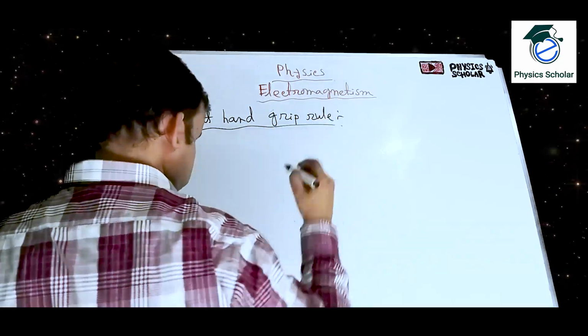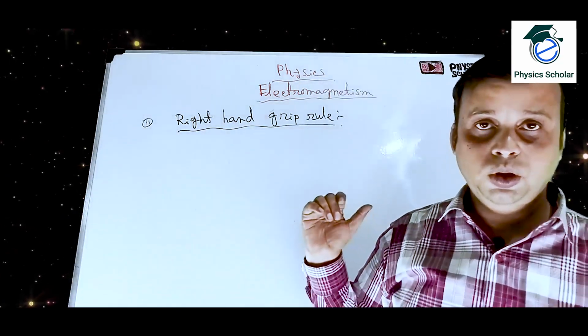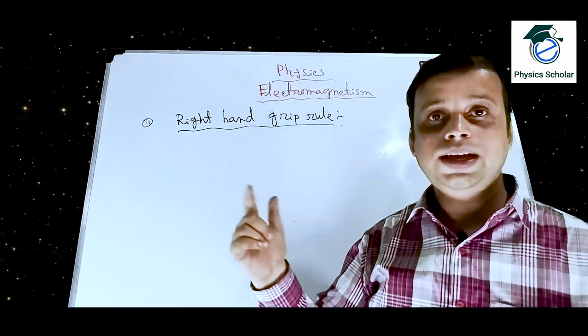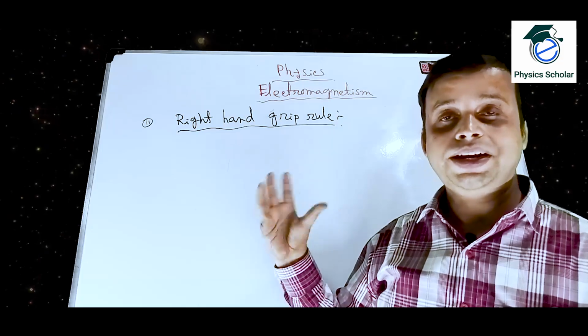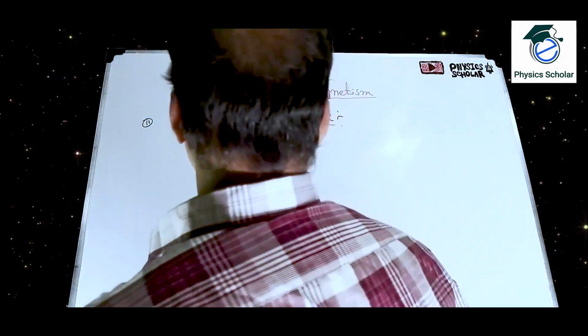Right hand grip rule. Clear? So from this law also we can come to know the direction of the magnetic line of force. Clear? Or the direction of the electric flux. Clear? Or magnetic flux. We can come to know from the right hand grip rule.